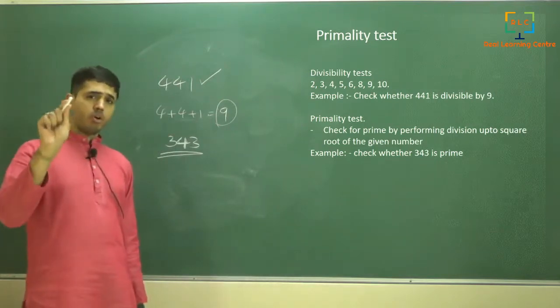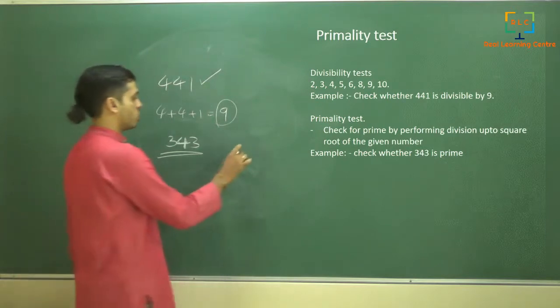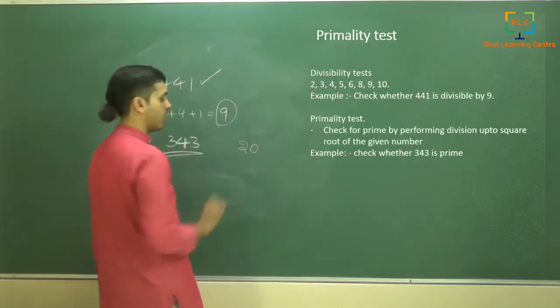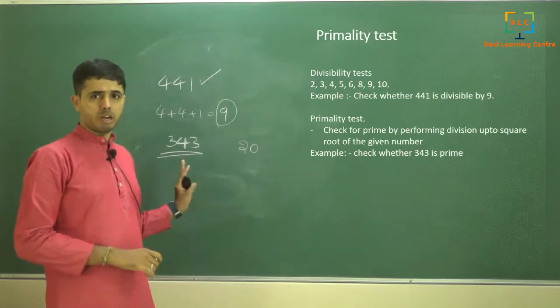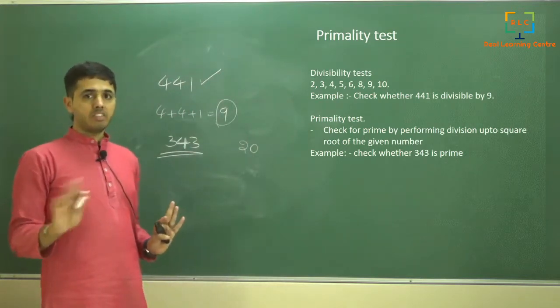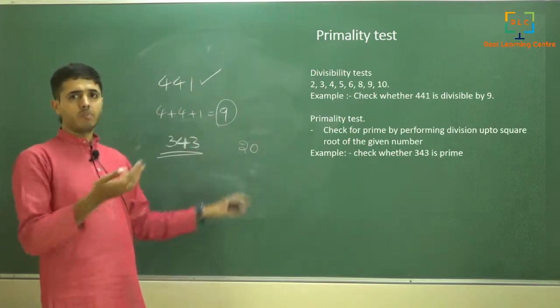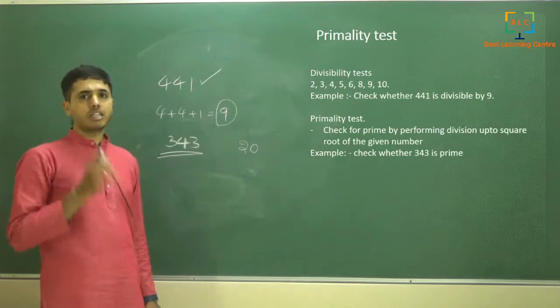What is the square root of 4? 2. So the square root of 400 is 20. 343 is a smaller number. So if I am able to check the divisibility up to 20, even 20 is not required. Less than 20, say 19, then that's enough.